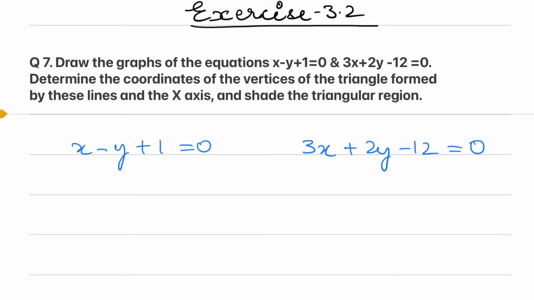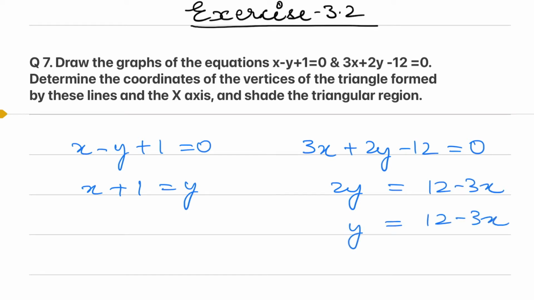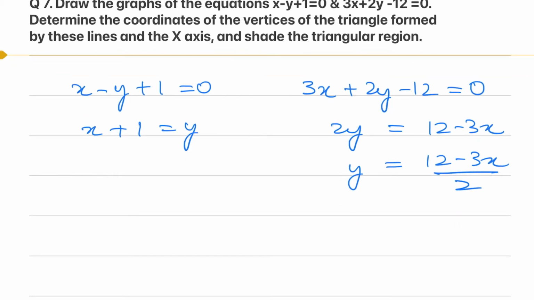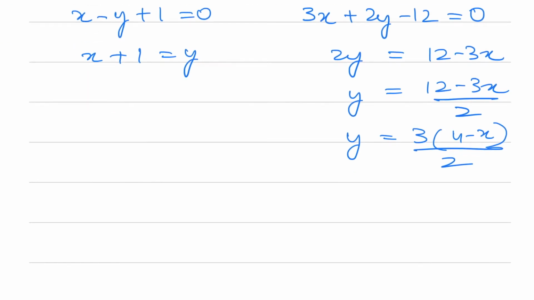Here I can say that x plus 1 is equal to y, and here I can say 2y is equal to 12 minus 3x and y is equal to (12 minus 3x) by 2. Or I can take 3 common, so 3 times (4 minus x) by 2. Okay, let's find out. So this is y is equal to x plus 1.